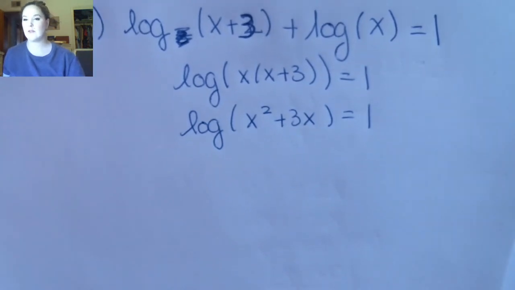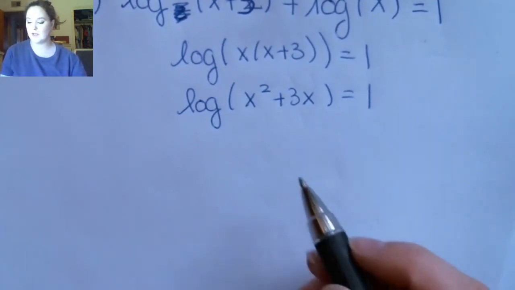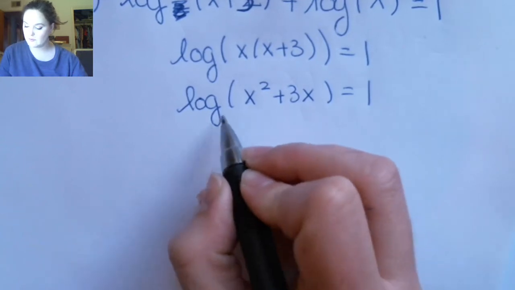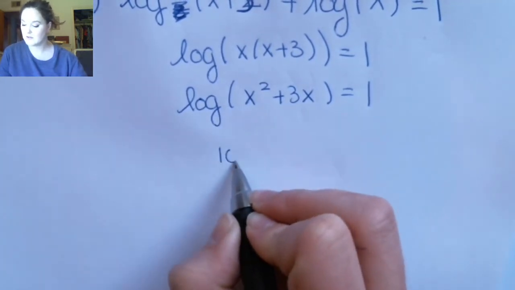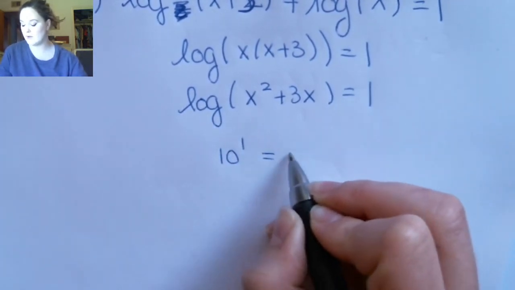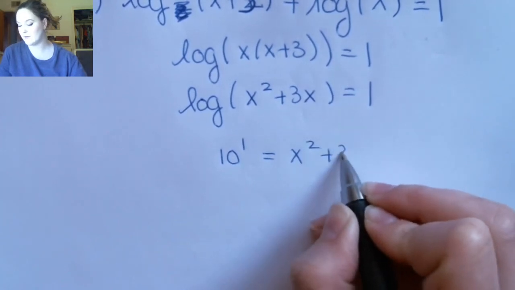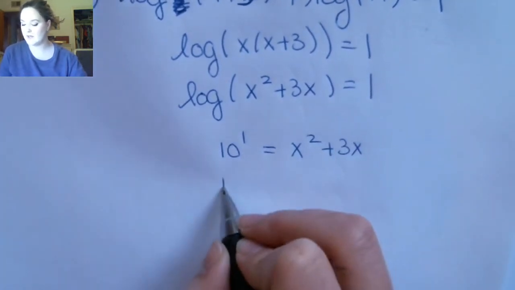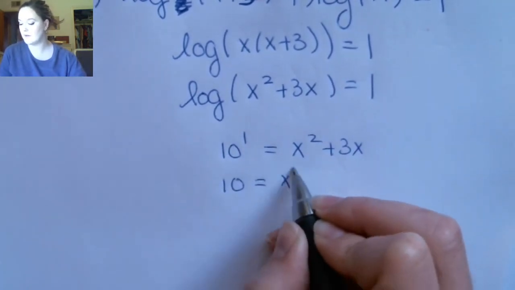Now that I've simplified using my log properties, I'm going to change to exponential form. So remember the base is 10. So I'd have 10 to the 1 power equals x squared plus 3x. And 10 to the 1 power is 10.